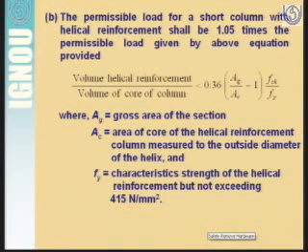Here we increase the permissible load by 5%, which we calculated for the case of the tied short column. In case of spiral or helical reinforcement, you will increase the permissible load by 5%.